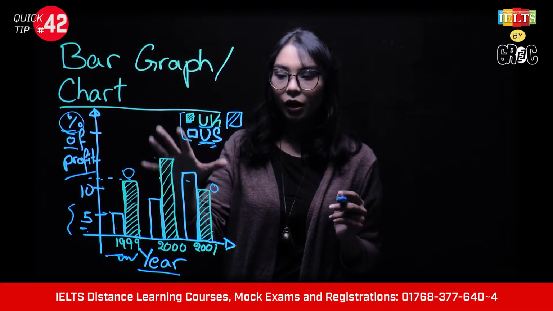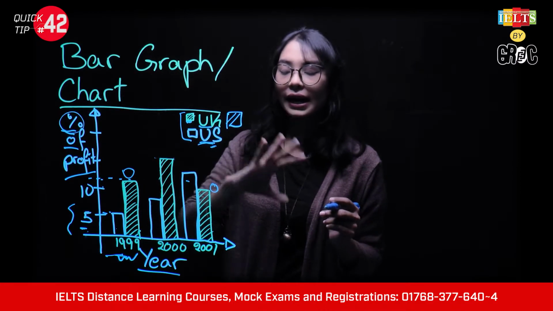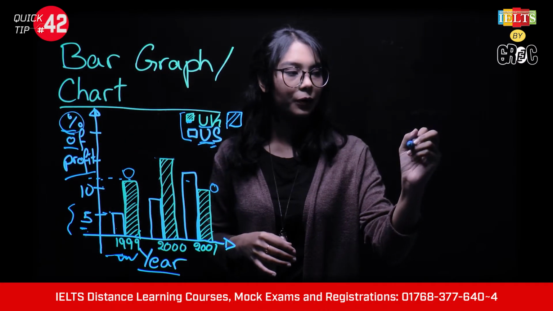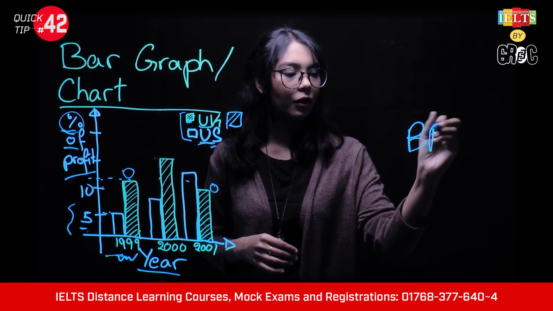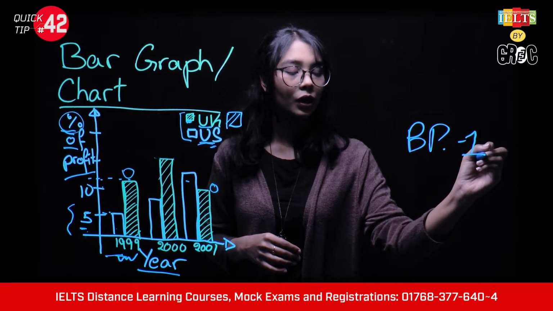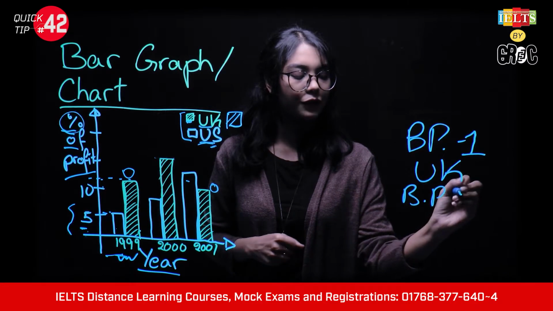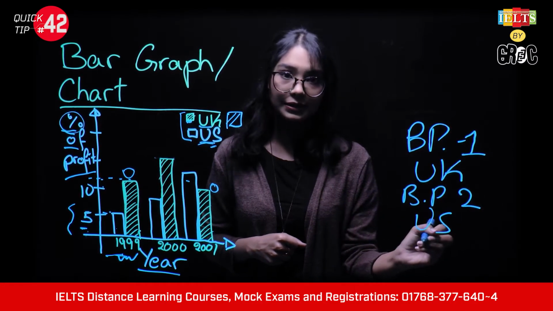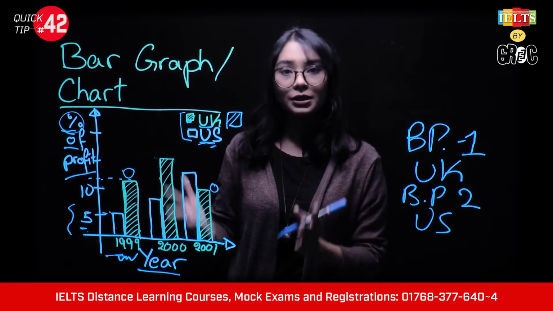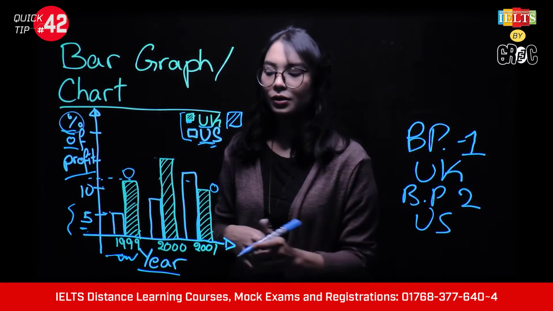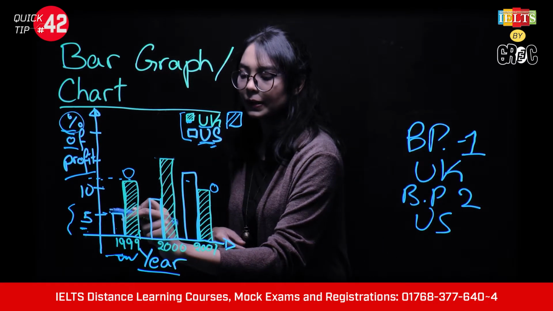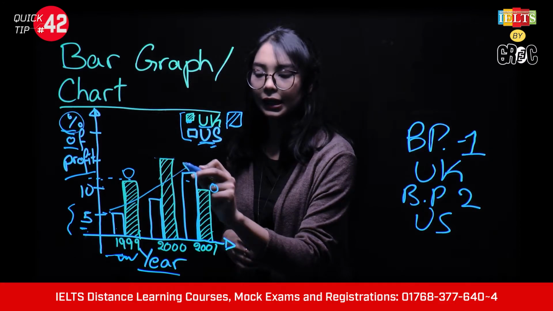Now for your body paragraph, you're going to divide your ideas. So for example, in body paragraph 1, you can write about UK, and in body paragraph 2, you can write about US. Or you can differentiate by trend. For example, you can see US goes up from here to here.